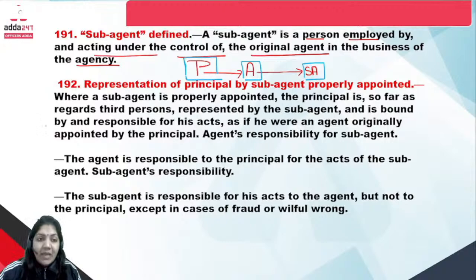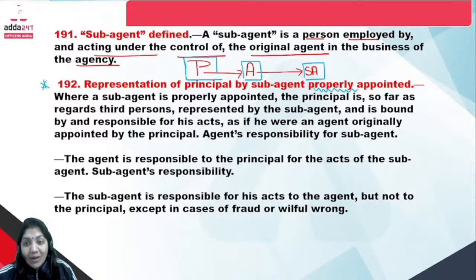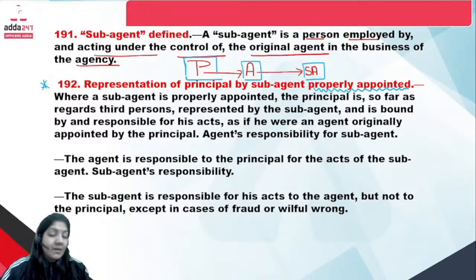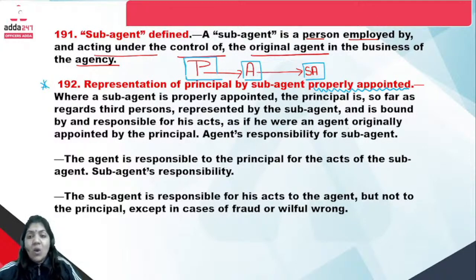Now see, this section: representation of principal by sub-agent properly appointed. So this line is important. Section 192, what does it say? That the sub-agent is properly appointed. Then what is the meaning of the term properly appointed?